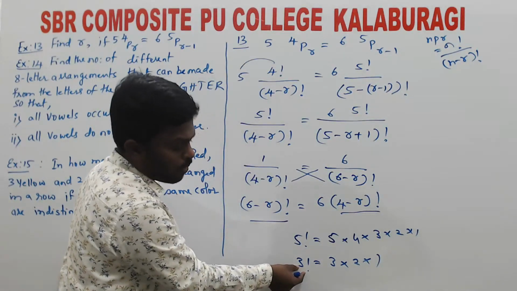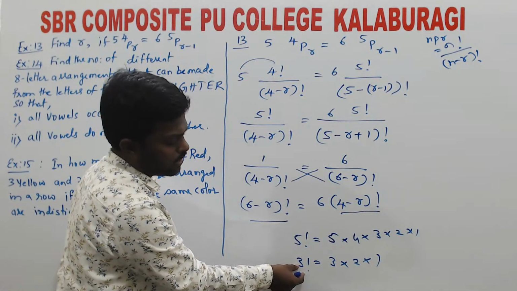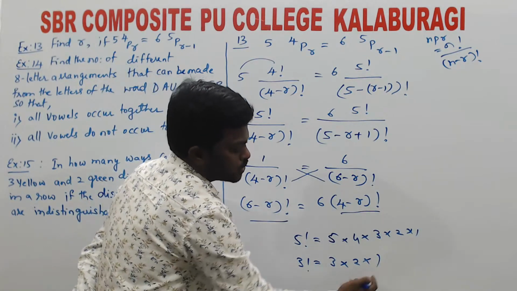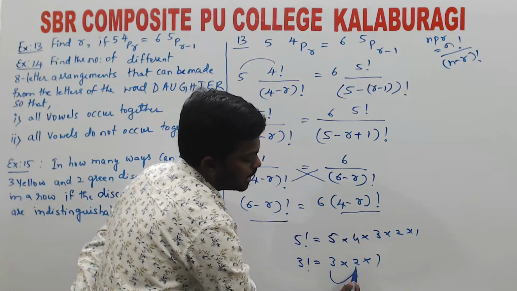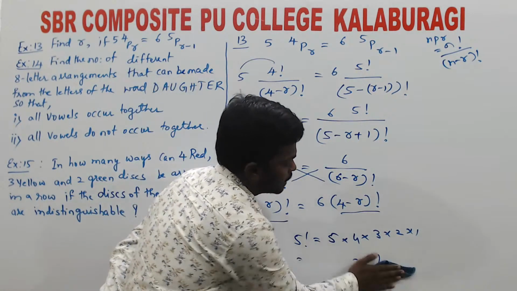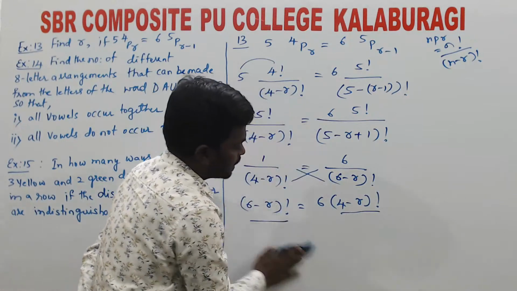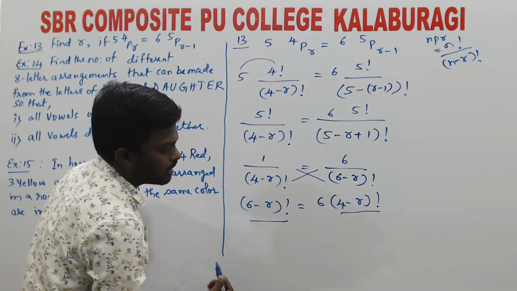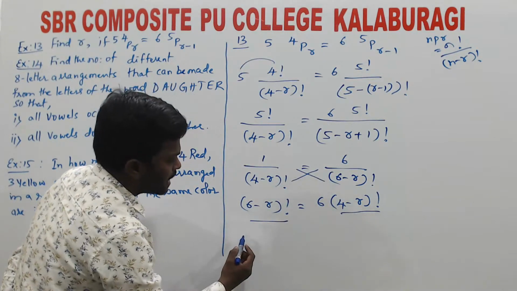So when you open the factorial notation, you can see it is being reduced by 1. Is that clear? I'll apply factorial notation onto this 6 minus r, and there is a 4 minus r factorial.